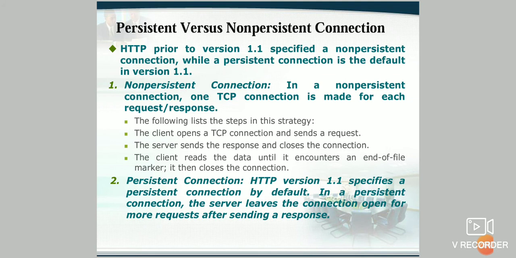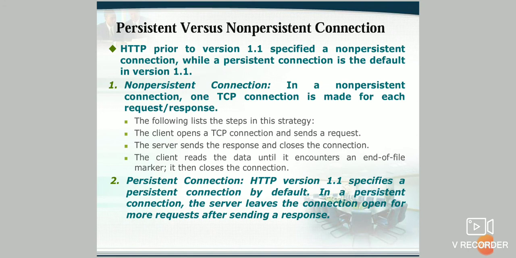Whereas this kind of issue is eliminated in the case of a persistent connection. If a single client wants n requests, then these n requests can be fulfilled in a single connection.